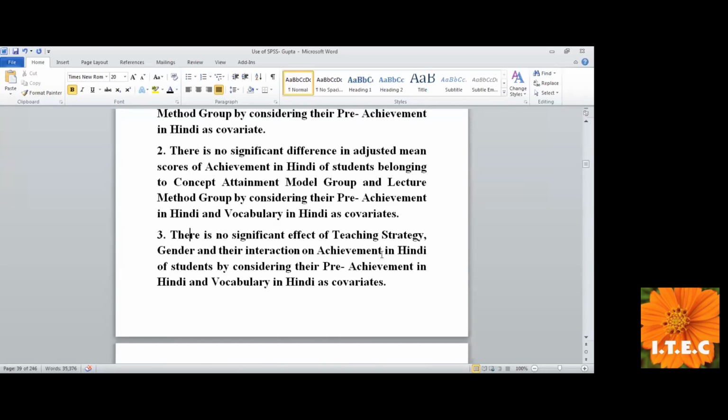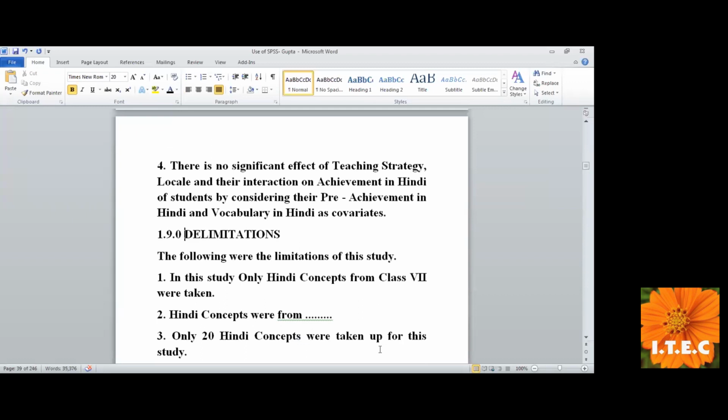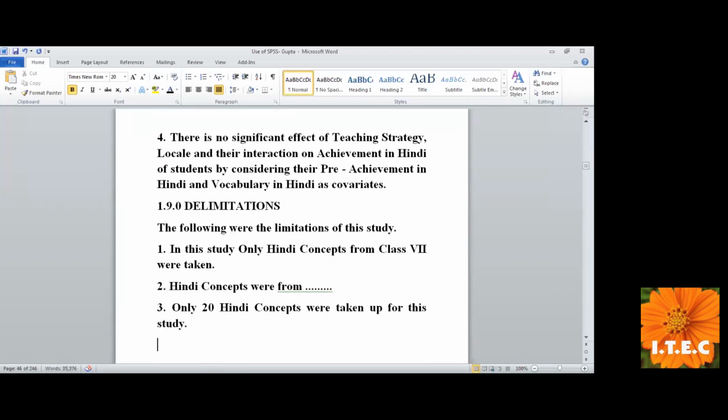So if you want, you can write that the class 7th syllabus prescribed by the CBSE was taken into consideration. So that completes chapter number 1.